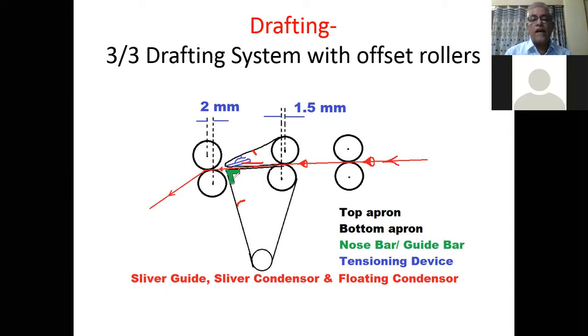And this is the nose bar or guide bar. The bottom apron is moving over the nose bar or guide bar, and the top apron is moving over the tensioning device. The object of top and bottom apron is to guide the material up to the front roller nip. If we have aprons, we get lesser drafting waves.